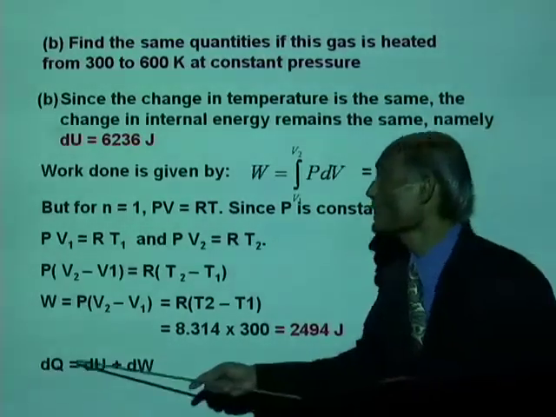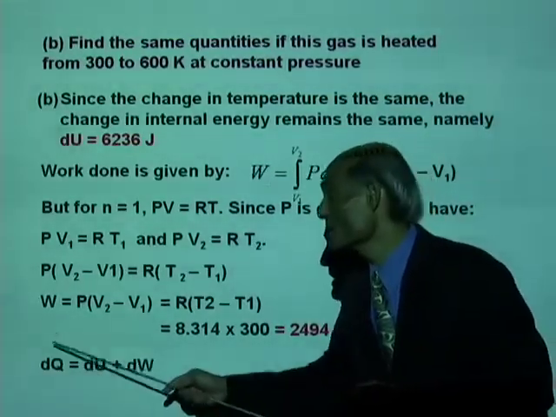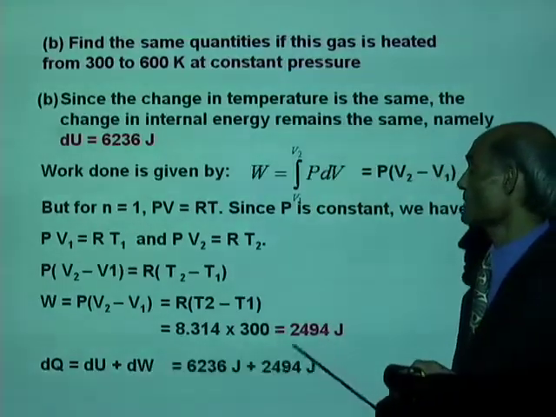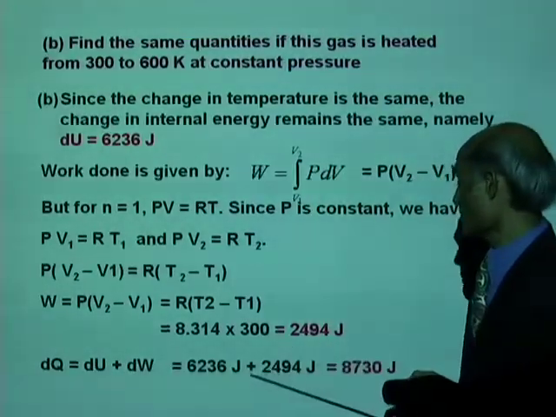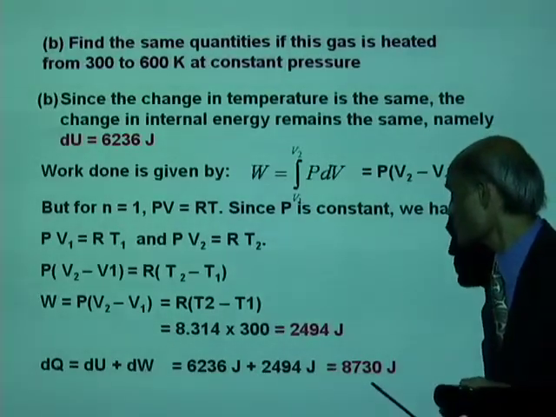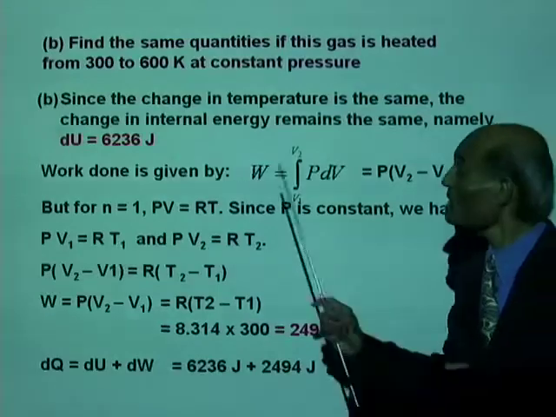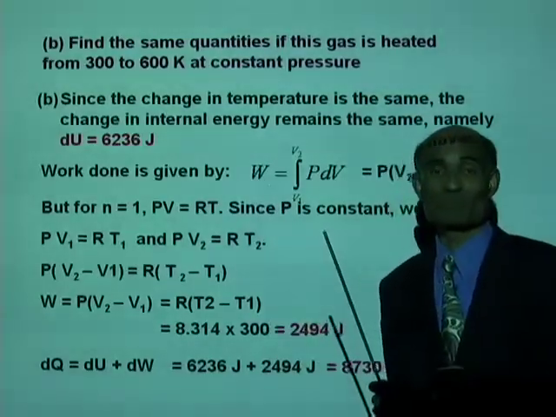And therefore, dQ, the heat added, dQ equal to dU plus dW, and that will be 8,730 joules of heat. A very, very important type of problem.